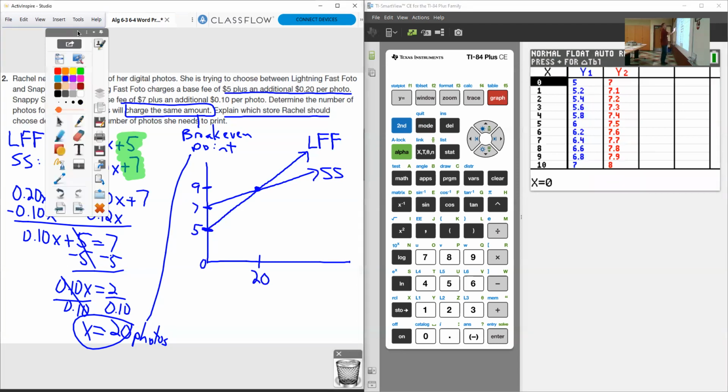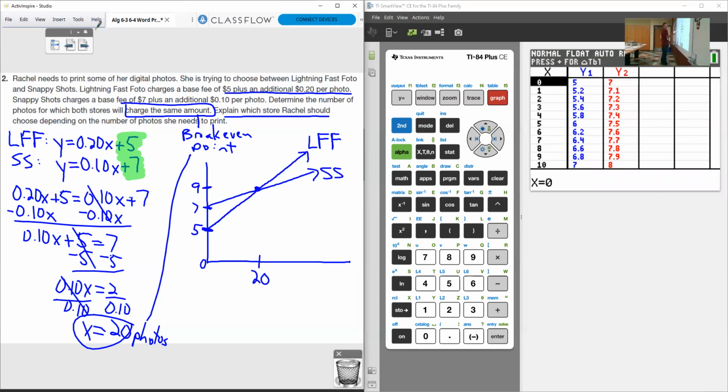So where on this graph does it cost less? Well, anywhere between 0 and 20, all right? If it's less than 20, this is your better deal. It's less cost. It's your lower part on the graph. But then after 20, after the break-even point, all of a sudden, this is the better deal.